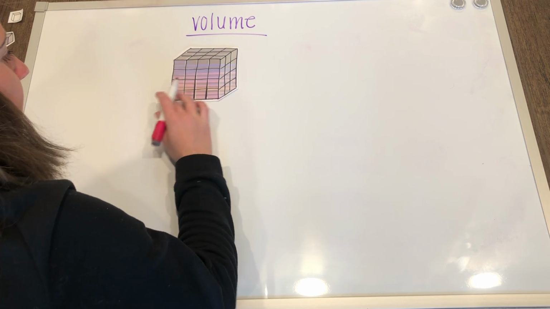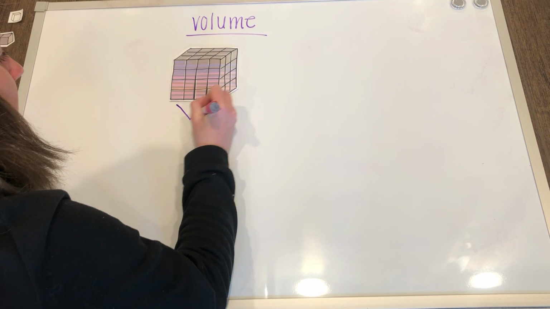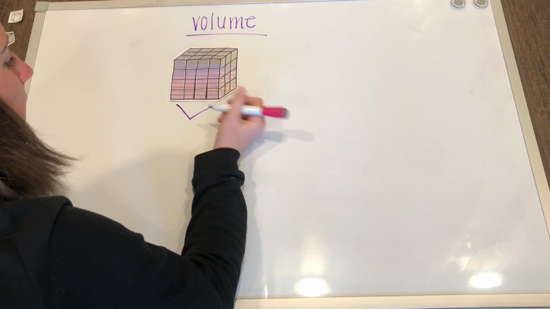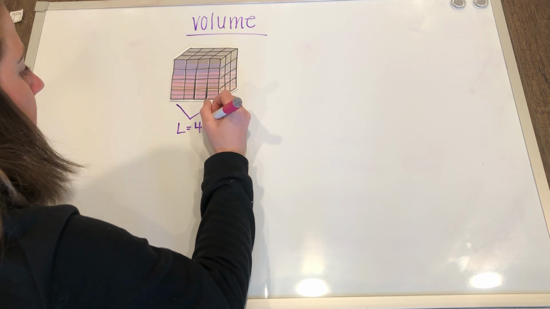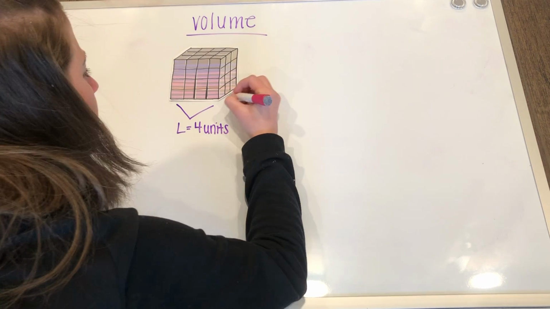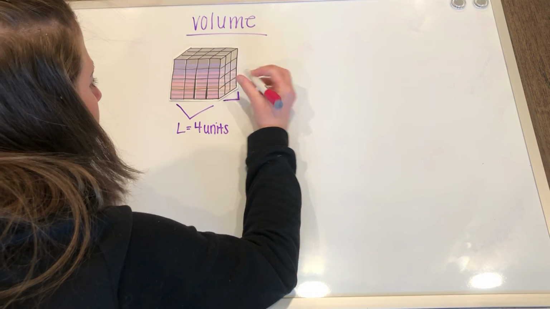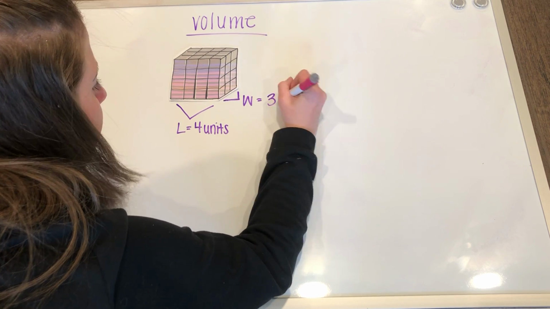So let's first try and figure out how many is in this first layer. So we can say that the length, or how long the rectangular prism is, is 4 units, or 4 cubes. Then we can see just how many rows there are. And how many rows there are is the width. So it is 3 units wide.